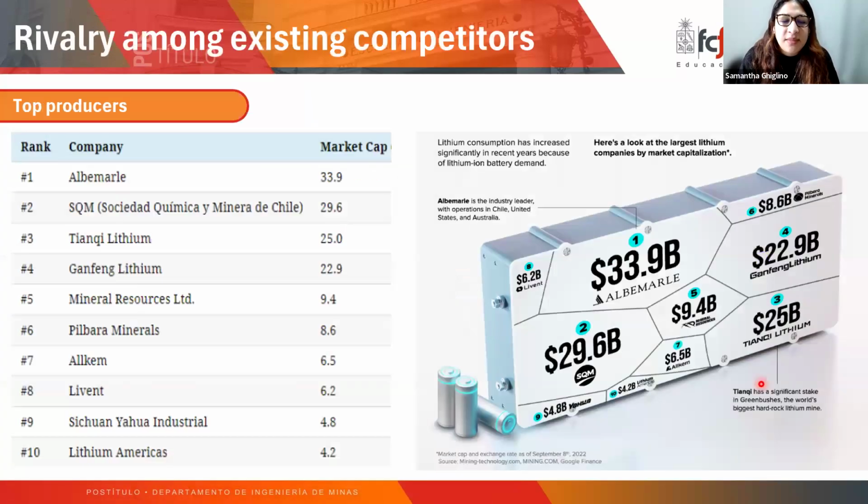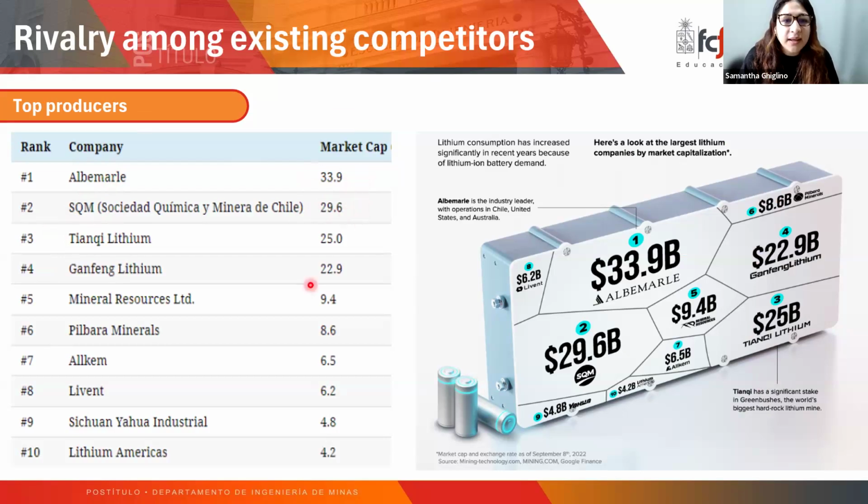Okay, so now we begin with the five forces analysis. Before we begin, we wanted to give a brief context of where SQM is located. This is the annual production of 2022, and SQM is in second place, really near Albemarle, which is from the United States.